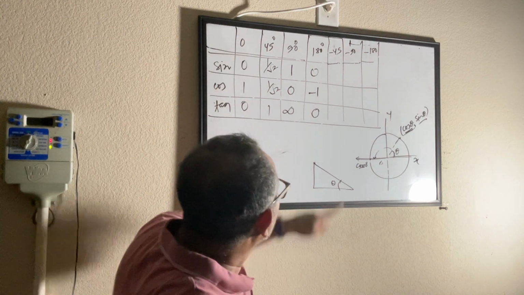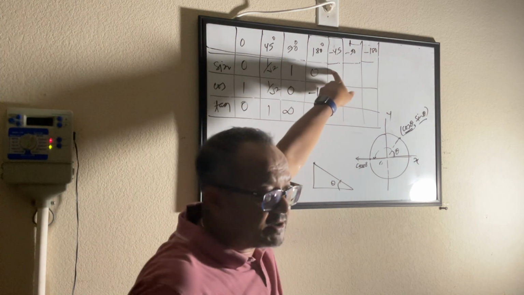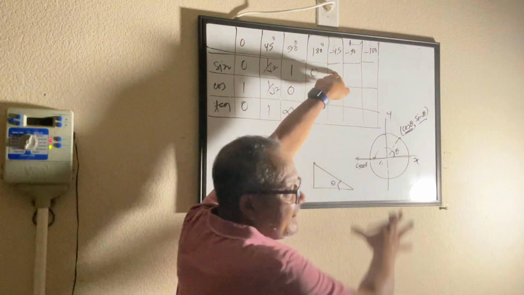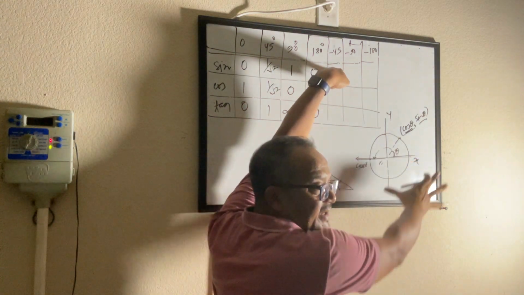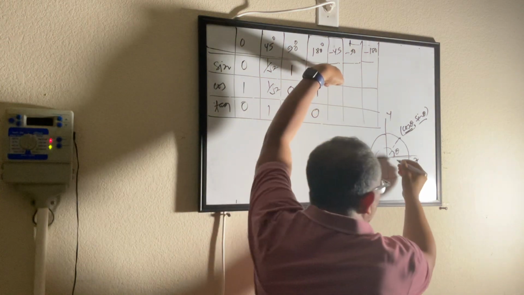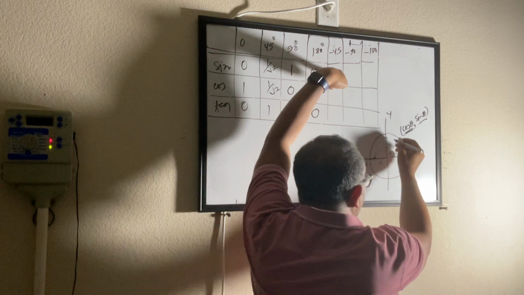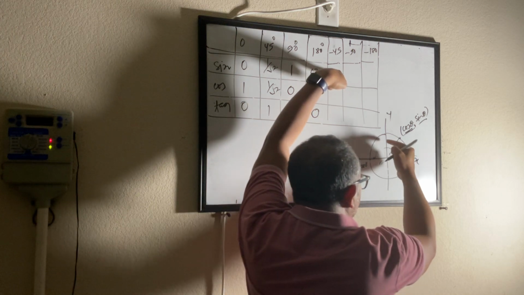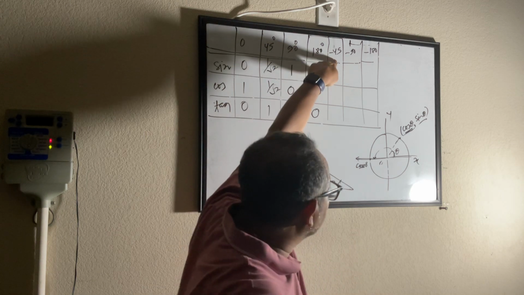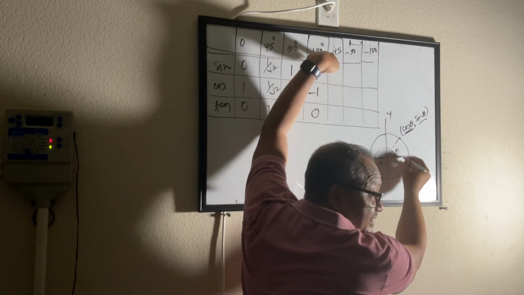Now let's look at sine minus 45 degree. If I visualize that against the unit circle concepts, when I am moving anti-clockwise, I am counting it positive. So when I am talking about minus 45 degree, I am talking about moving clockwise.